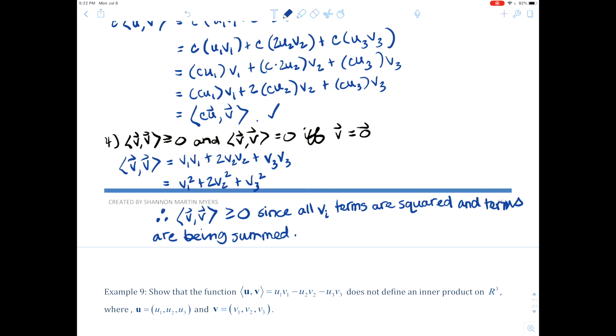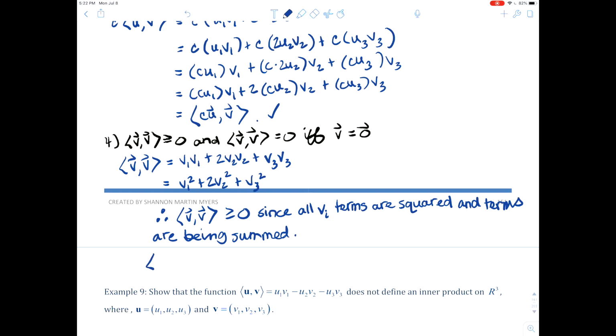All right. Well, similarly, let's look at how the inner product of v with itself could be 0. They'd all have to be 0, right? Because nothing's being subtracted out.